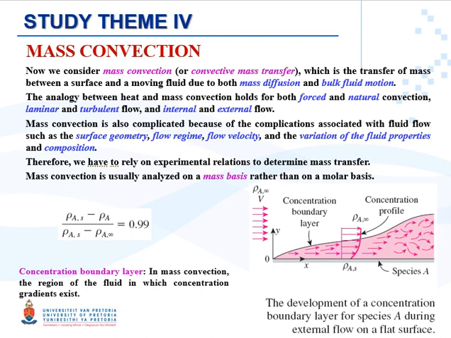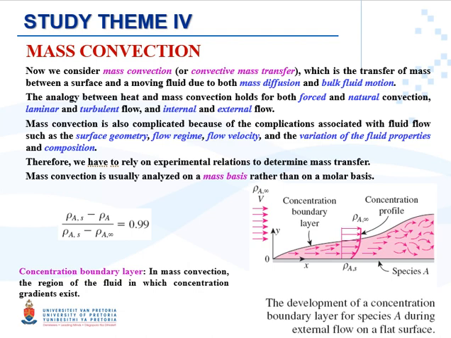So far we talked about mass diffusion, and we said that mass diffusion was the transfer of mass due to a concentration gradient. But today we are going to speak about mass convection.